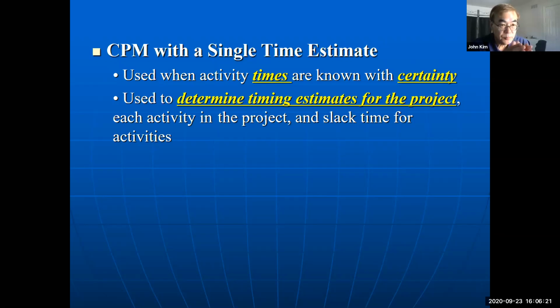For example, our class time is set as like 1 hour 30 minutes. So if we know that activity time, completion time, certain time like 1 hour 30 minutes, then that is a certain time, single time we know, then we use critical path method with the single time estimate. And then using this critical path method, we determine the project total time.